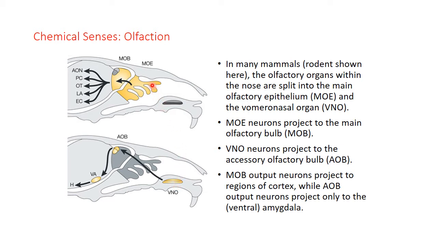As you can see in this diagram, the main olfactory neurons project to the main olfactory bulb that then projects to many different brain areas, while the vomeronasal organ projects specifically to the accessory olfactory bulb that then projects to the ventral amygdala.